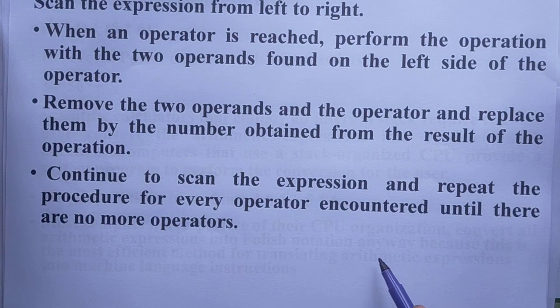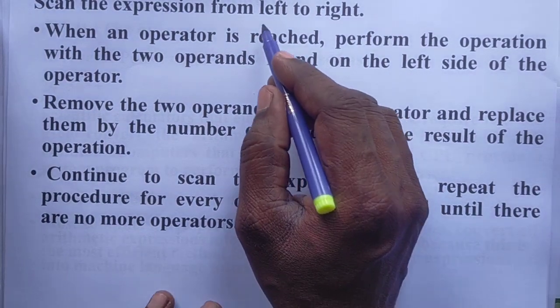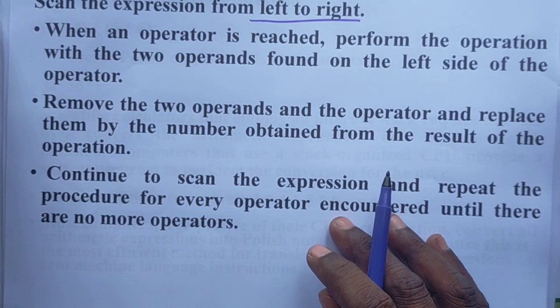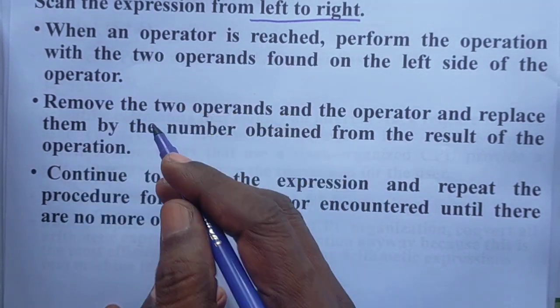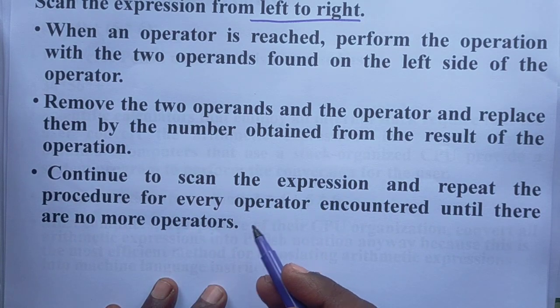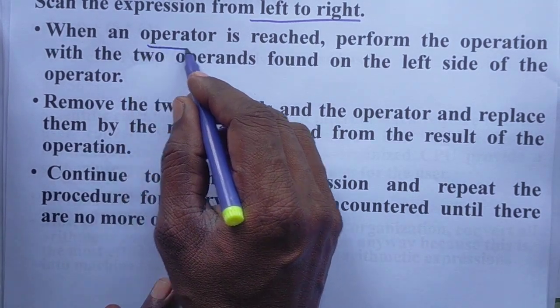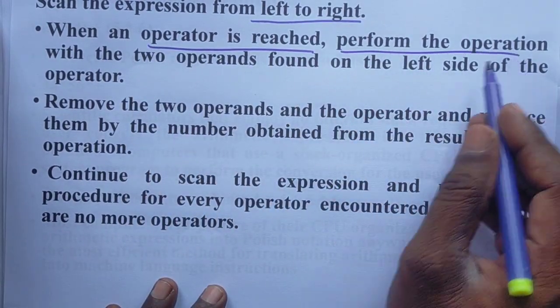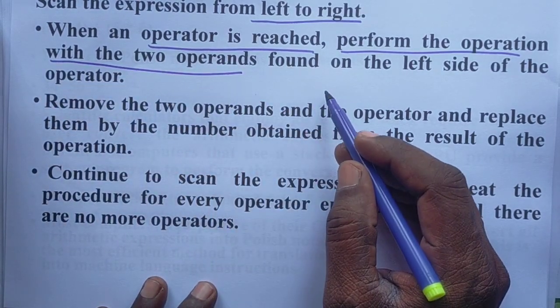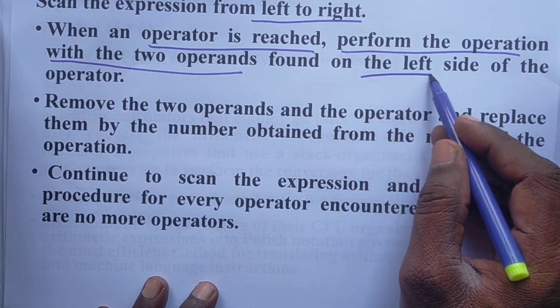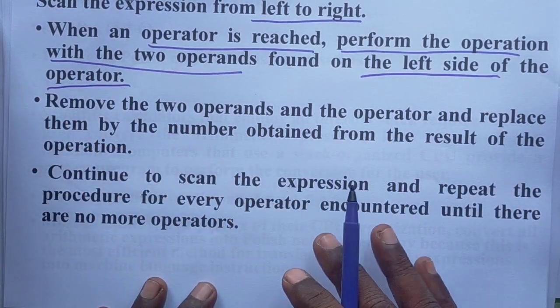So scan the expression from left to right. When an operator is reached, perform the operation with the two operands found to the left of the operator.